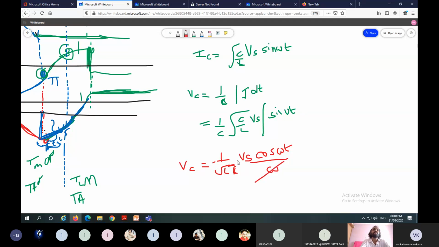So the factors cancel, and Vc equal to minus Vs cos omega t.